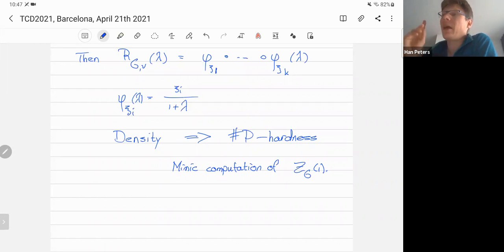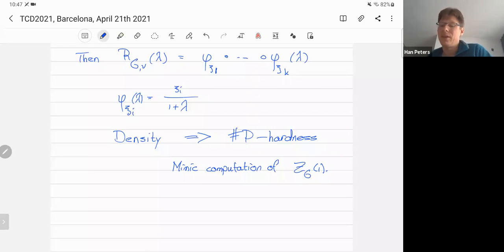And that you can implement again in your favorite graph. But if you do that, it means you can approximate Z_G1 very well. But approximation of something that's a whole number actually gives you computation.